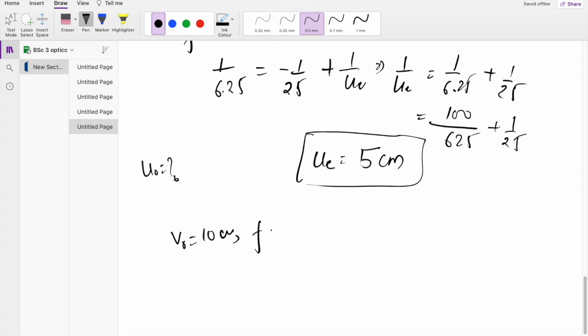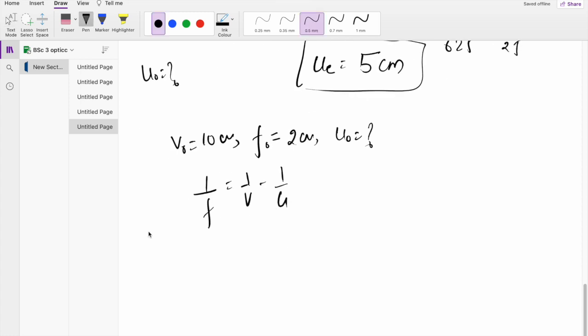The focal length of the objective lens FO is 2 centimeter. We need to calculate UO. From the lens formula, 1 upon f equals 1 upon v minus 1 upon u.